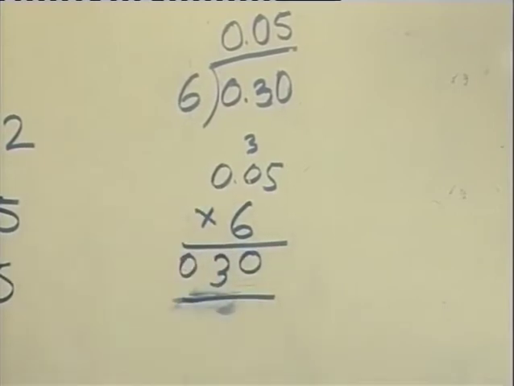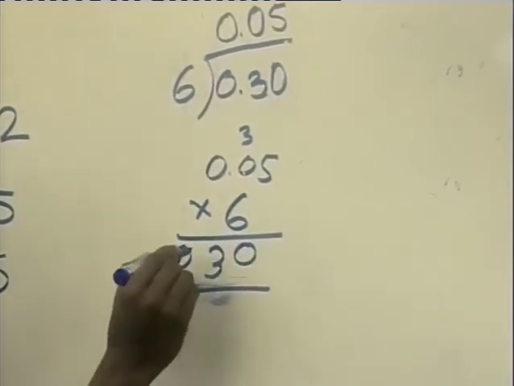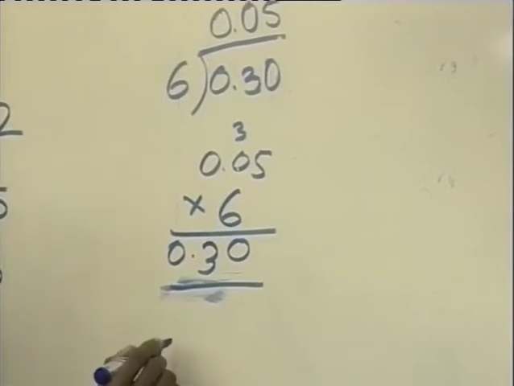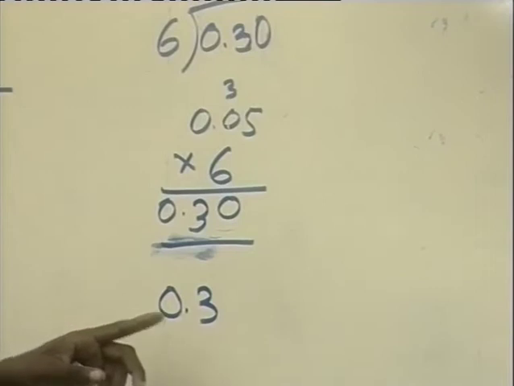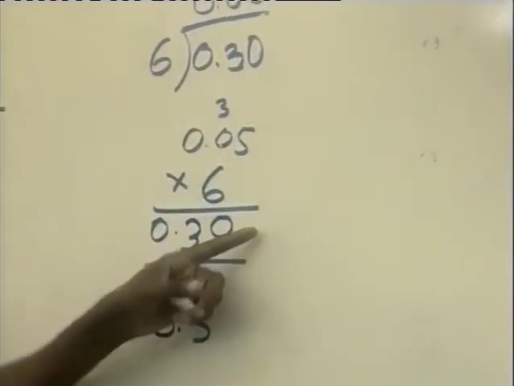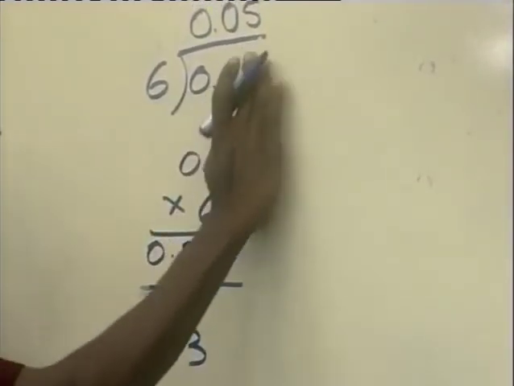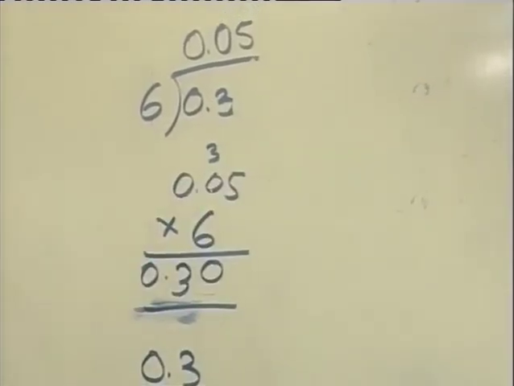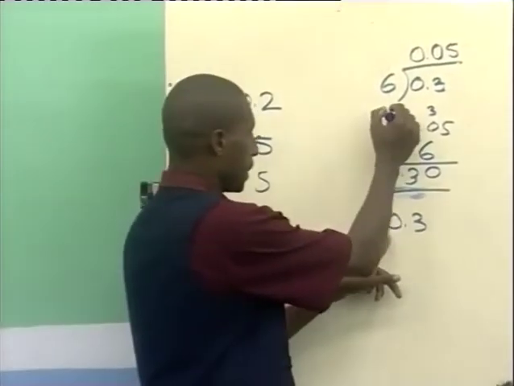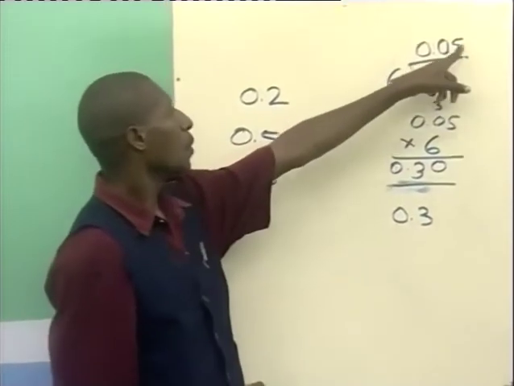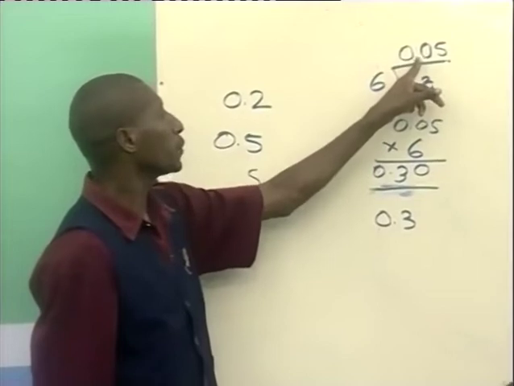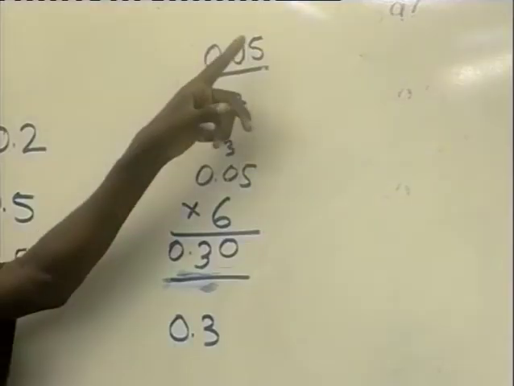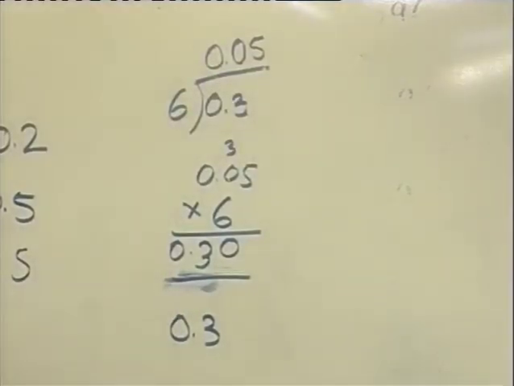How many decimal places? 1, 2. So our answer is 0.3. Do we have the same answer here? Yes. Okay. 0.3 is the dividend. So is this answer correct, class? Yes. 0.05 is the answer to that division problem.